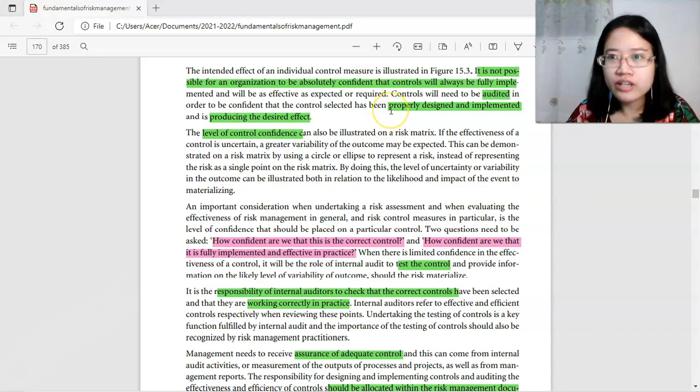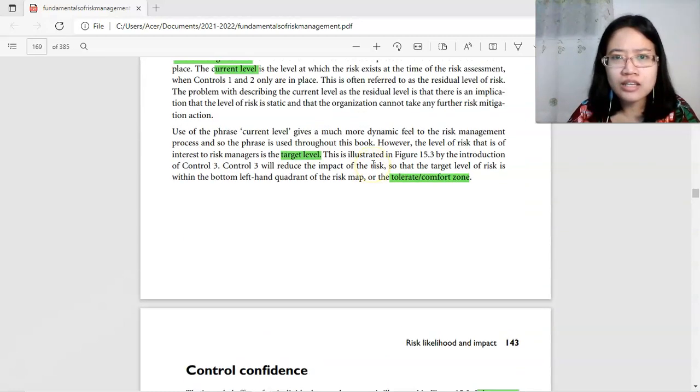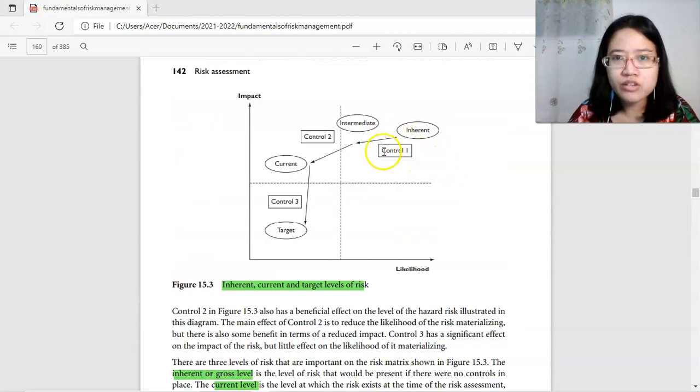So, chine-check na yung controls ay properly designed, implemented, and producing the desired effect. Okay? Tapos, yung level of control confidence, naka-illustrate din siya, pwede rin isama doon sa risk matrix. Okay? In a way, parang ito na din siya, kasi you have your controls. And then, if they are effective, then, syempre, mapapababa niya dapat yung risk impact and risk likelihood.